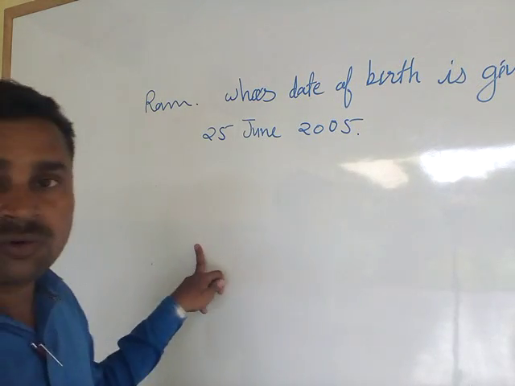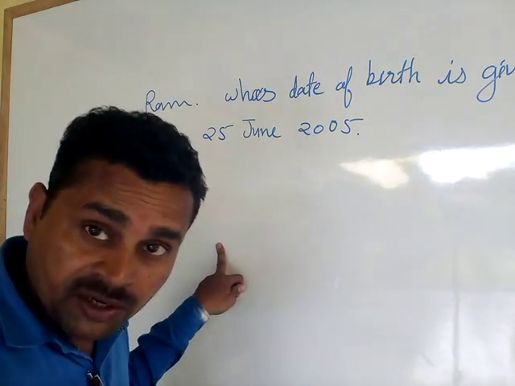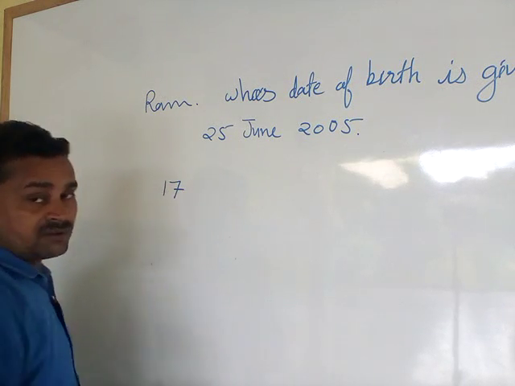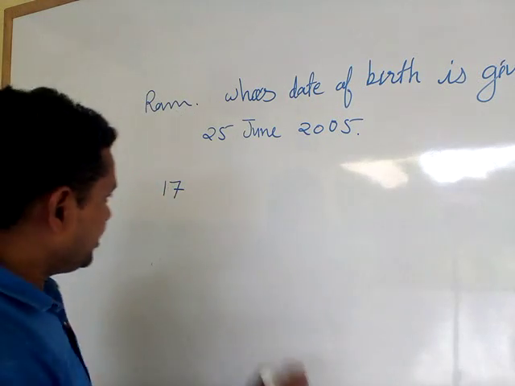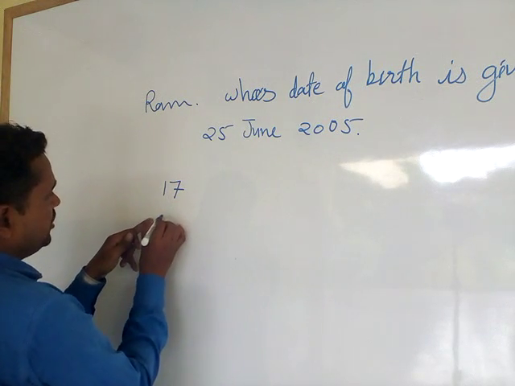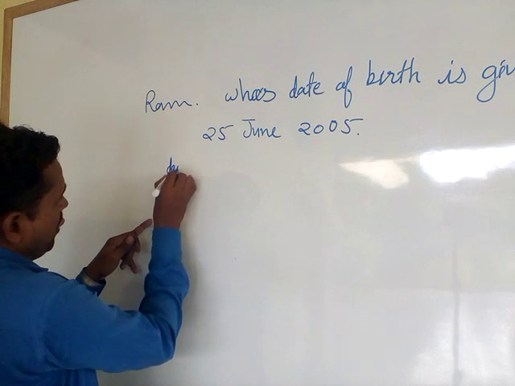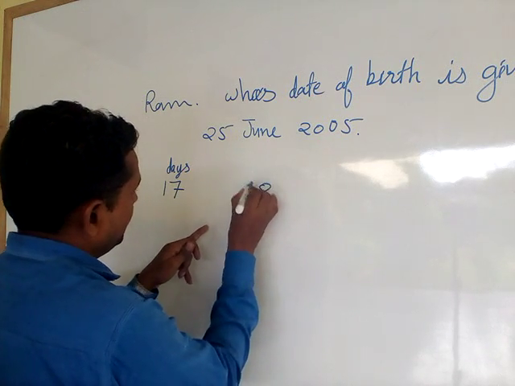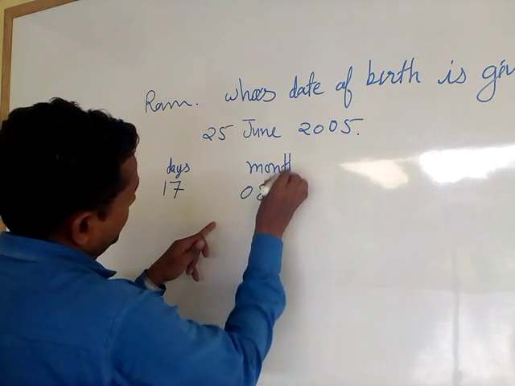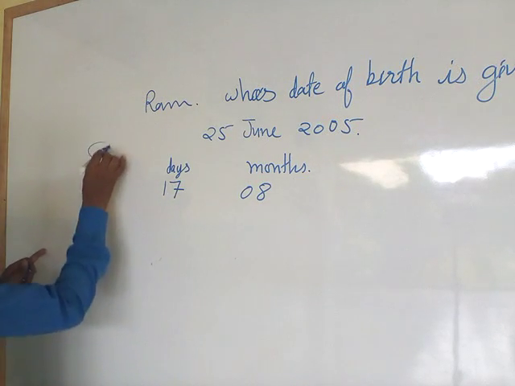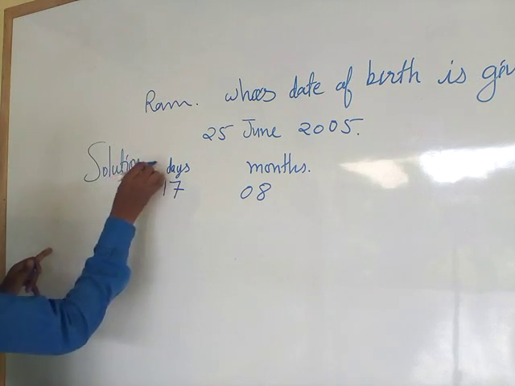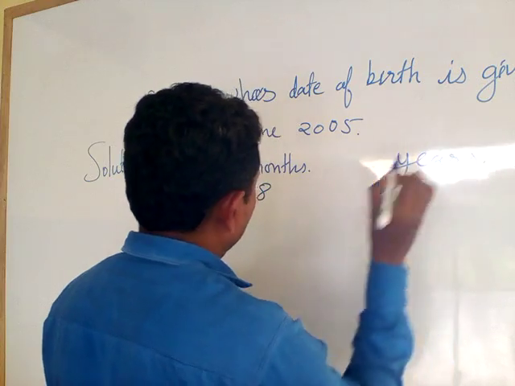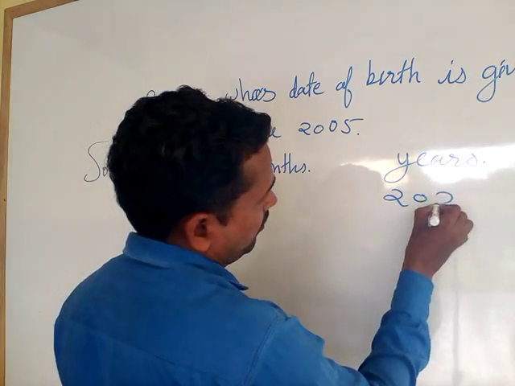First of all, put today's date. Today's date is 17 August, so 17 goes under days, 8 goes under months, and the year is 2020.